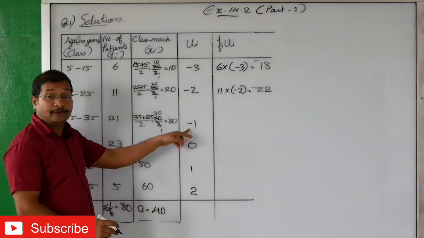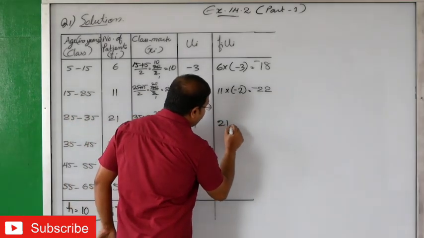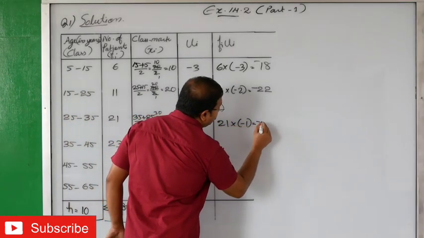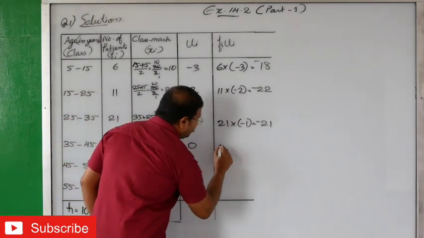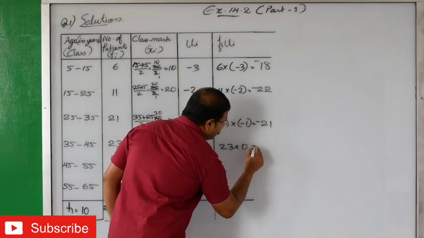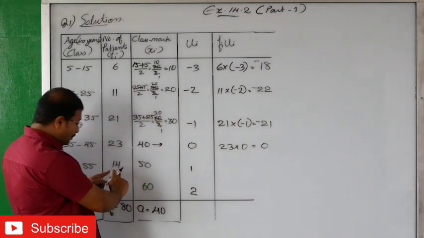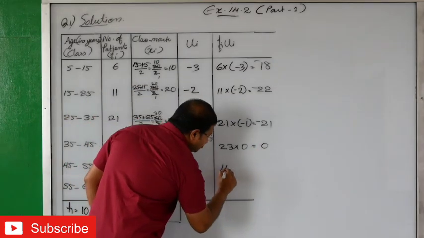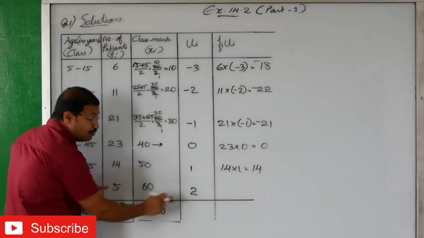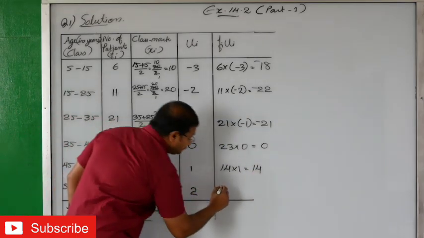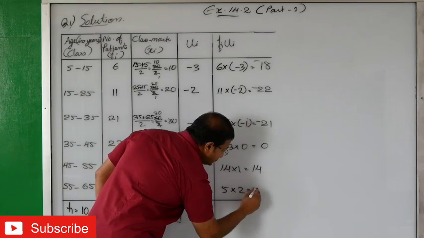Now 21 into minus 1 equals minus 21. Next step, 23 into 0 is 0. Next step, 14 into 1 is 14. Now 5 into 2 equals 10.